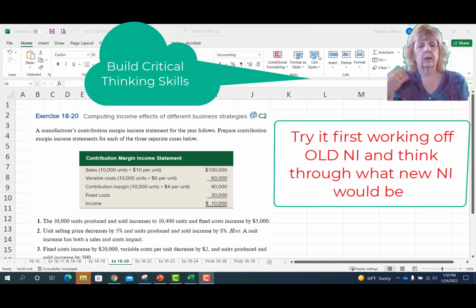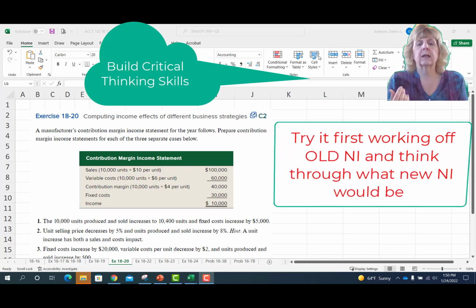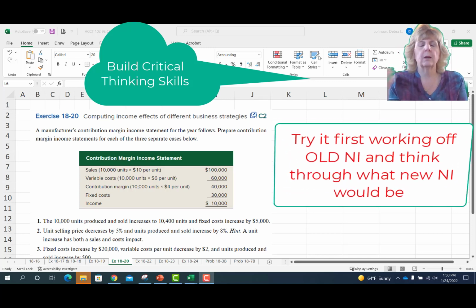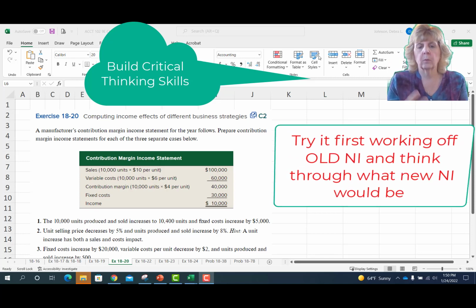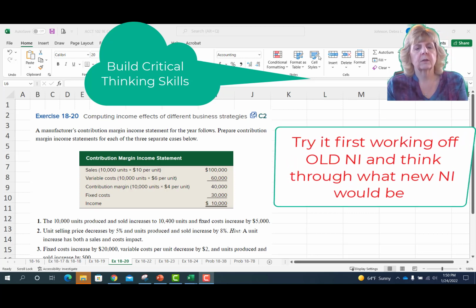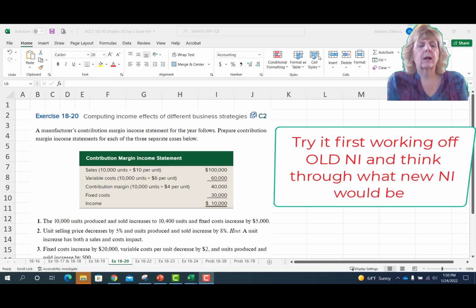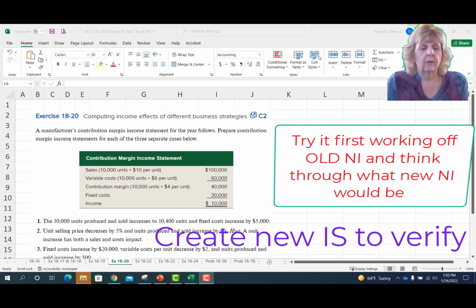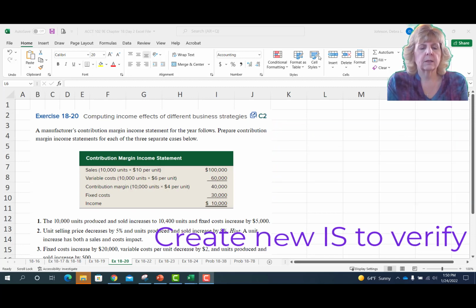And again, we're working on developing those critical thinking skills so that you don't have to run back to your office to do a formal income statement every time. So try it out using that approach first. And then to verify your answers, go ahead and create the 3 different income statements based on the different factors changing, implementing these various business strategies.